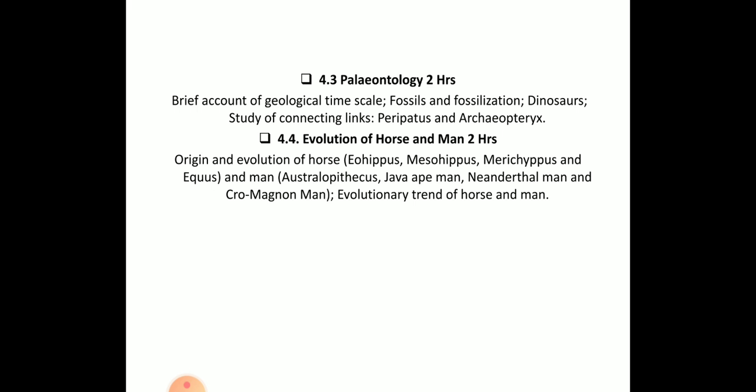Then evolution of man, you might have already studied a little in your lower classes, that is Cro-Magnon man, Neanderthal man, Java man. Along with that you will be studying the evolutionary trends in horses and man. So this is the complete syllabus for the paper evolution and genetics. Thank you.